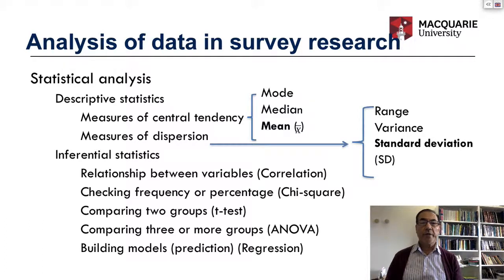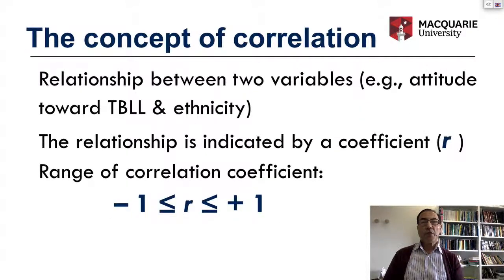And therefore, when researchers build models, then it's possible to make predictions about the target population. Since correlation is one of the core statistical analyses in survey studies, it is worth knowing how to understand and interpret the correlation coefficient.